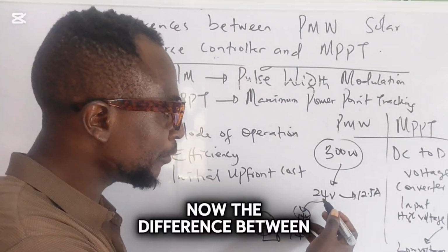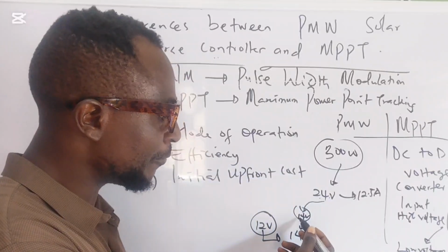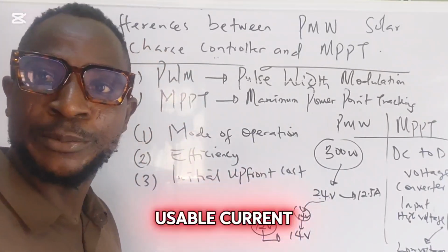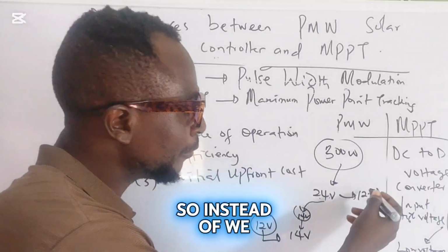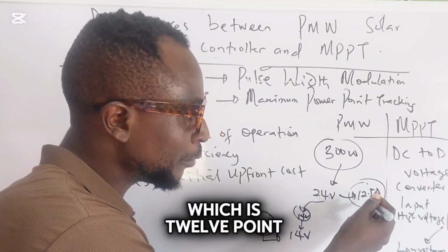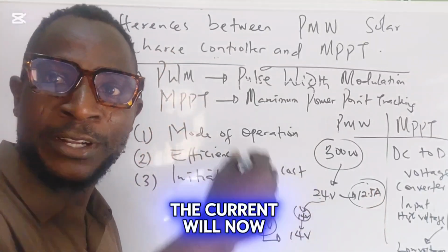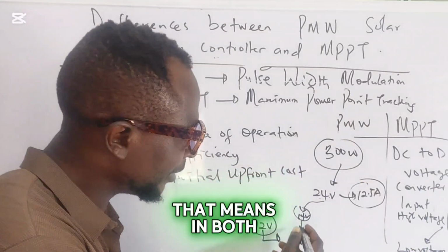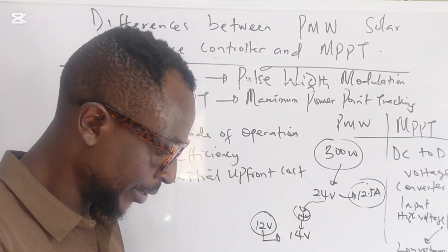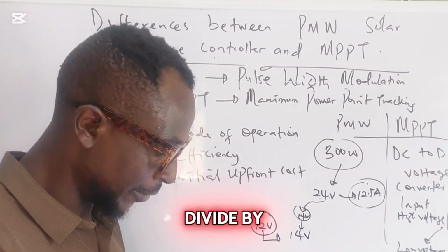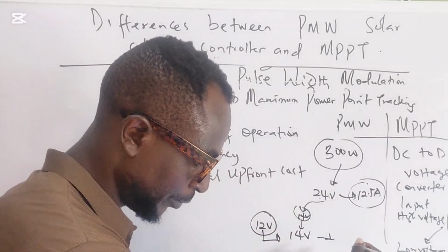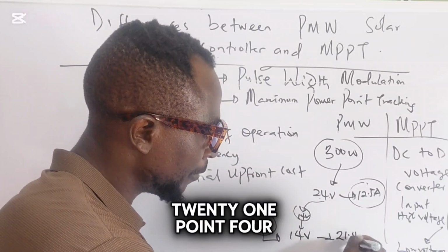Now the difference between your 24 volt and 14 volt will be converted into usable current. So instead of having the same value of current, which is 12.5 amps, the current will now increase. That means we now divide 300 by 14. This gives us 21.4 amps.